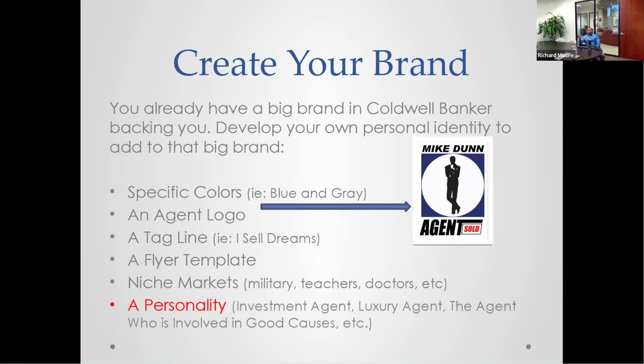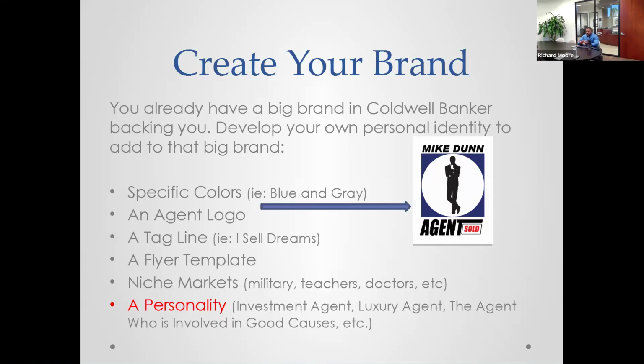You can develop a personality as an investment agent, luxury agent, the agent who's involved in good causes. And so an example of this would be like, I don't know, you work with luxury properties, so you want to be known as a luxury property agent, or like I used to work with investment properties. So I'm the guy that works on investment properties.